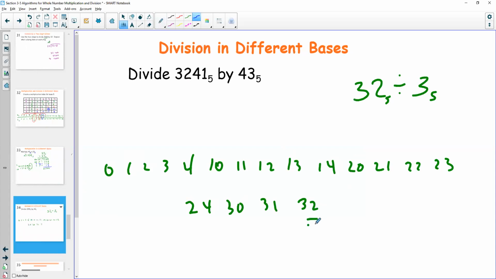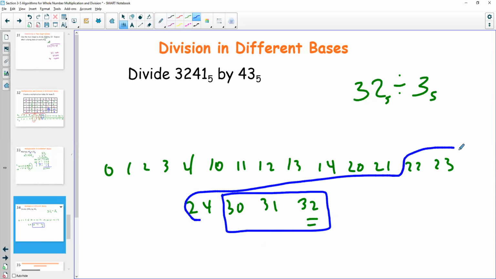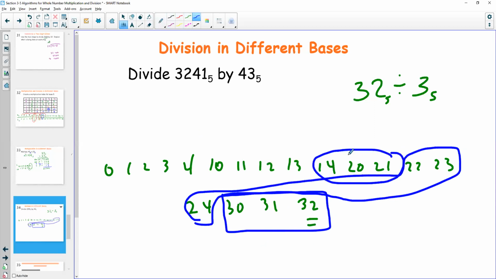So there's our number. I need to divide it into groups of 3, right? That's what division is. So here's one group of 3. Here's another. Here's another. Here's another. Here's another. And then there's 2 left over.